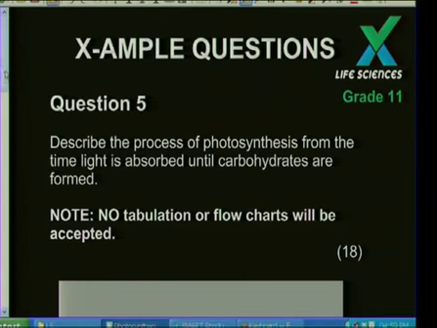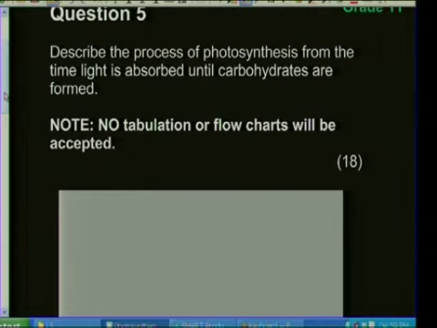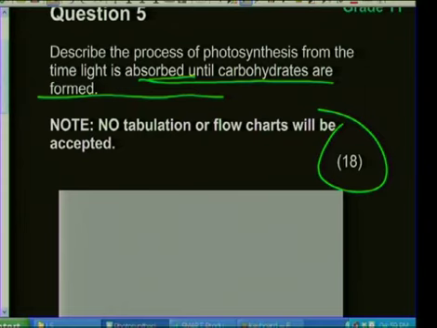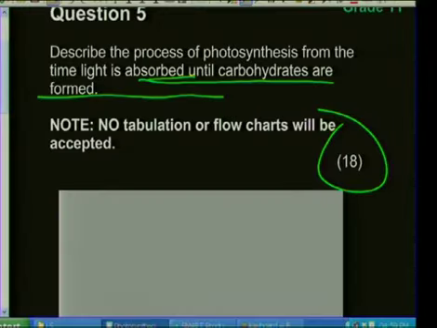Secondly, question 5: describe the process of photosynthesis from the time light is absorbed until carbohydrates are formed. Notice the mark allocation here, 18. No tabulation or flow charts will be accepted. So this question is obviously an essay question, and we need to learn the skill of answering an essay question.